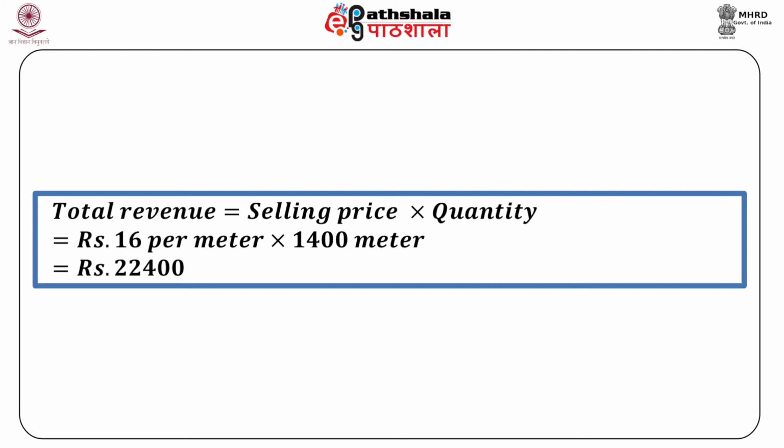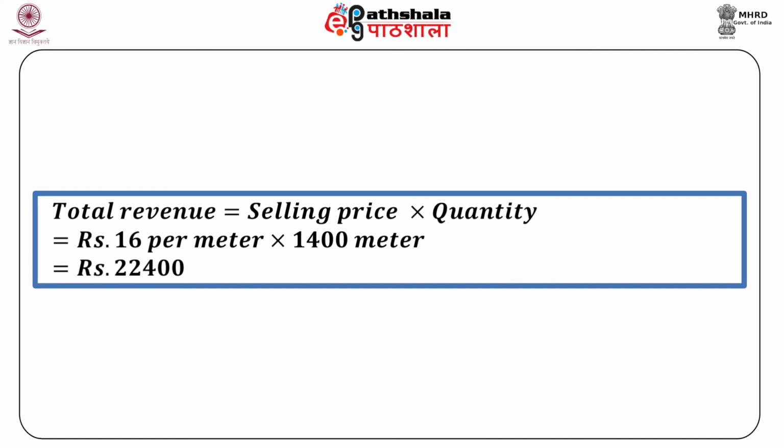At the same time, total cost is equals to fixed cost plus variable cost, which will be equals to 21,270 plus 1.75 into 1400, which will be equals to around 23,720 rupees. Now, according to the formula, loss is equals to total revenue minus total cost, which is equals to Rs 22,400 minus Rs 23,720, which is equals to Rs 1,320.